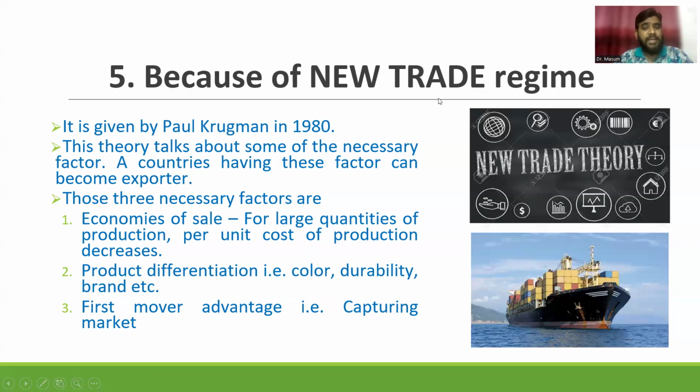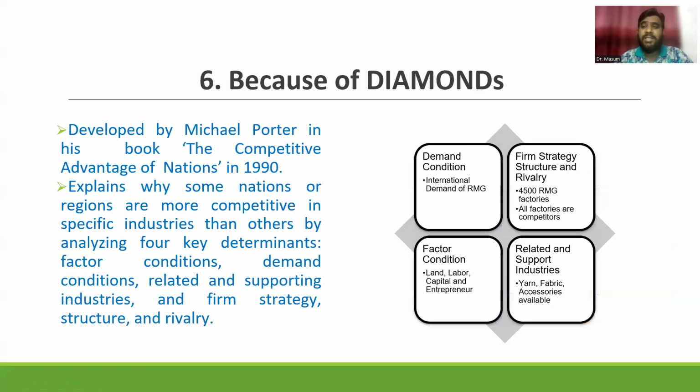So because of the new trade theory, because of economies of scale, product differentiation, and first mover advantage, our industry will sustain and will continue to grow for many years, unless, as we said, there is economic restructuring, because the textile industry is not the industry of a civilized and developed economy.